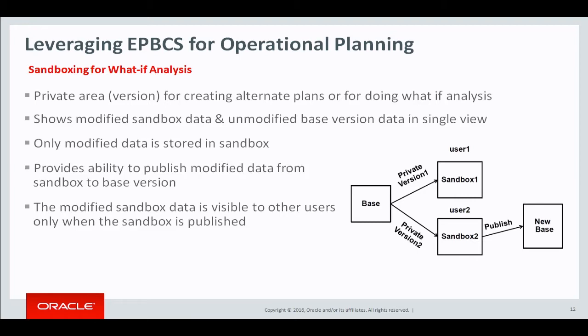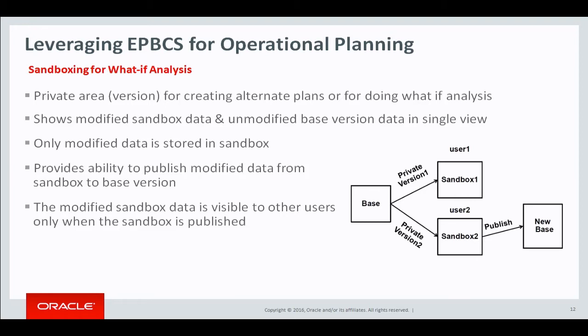No one can see my plans till I publish the plans, right? It's a huge capability, especially suitable for operational planning requirements, because you don't want even your managers to see your plan till you are done, right? So that is the capability which we have in sandboxing. Only when the sandbox is published, it is made available to everyone. And the other advantage is it doesn't create a copy of your data.